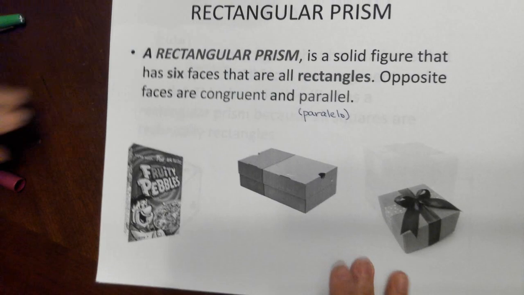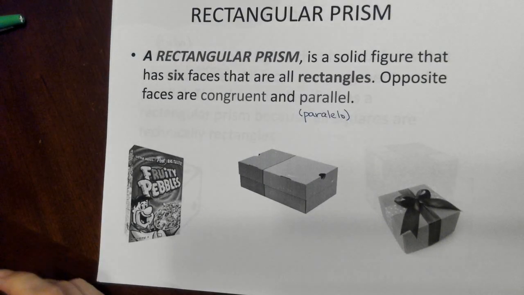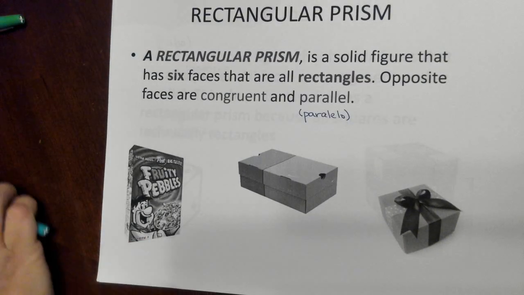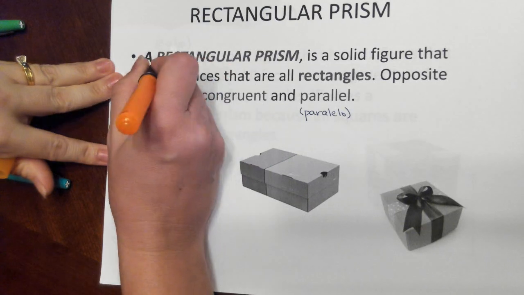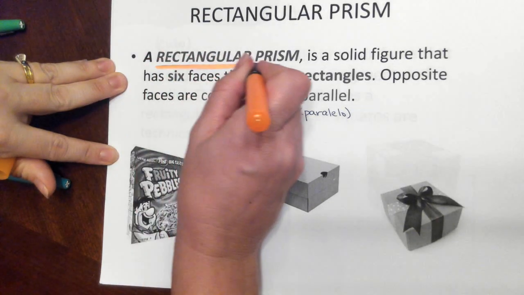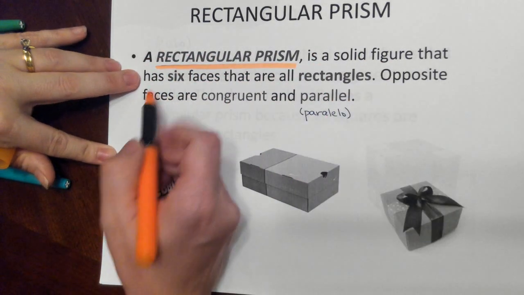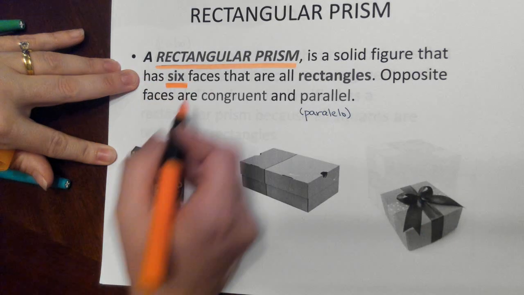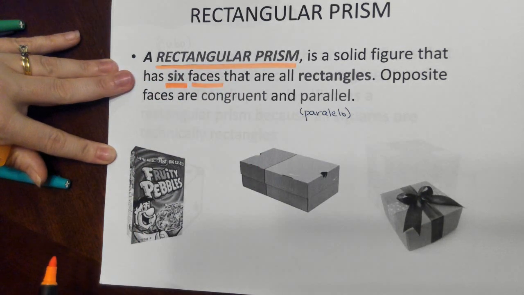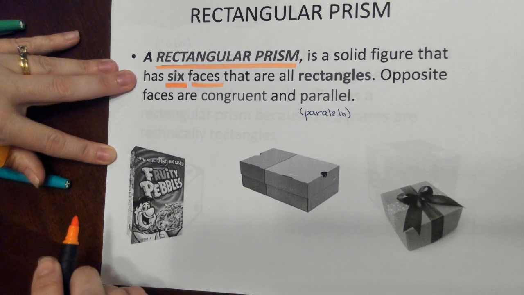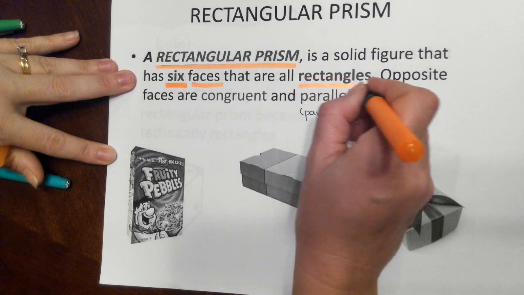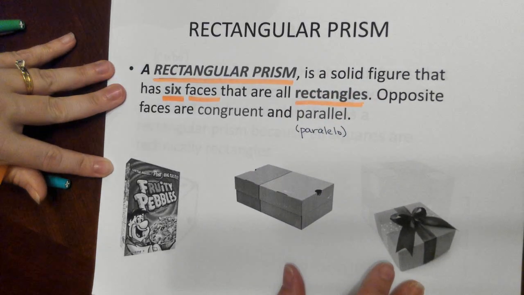Okay, so different types of rectangular prisms. Here are a few to look at. So remember, a rectangular prism is a solid figure that has 6 faces, so the faces, like the sides, are all rectangles. So there are different types of prisms.